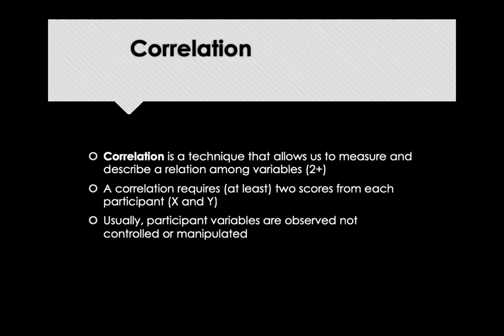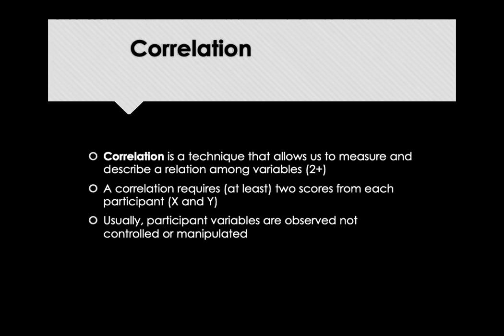Meaning, with a correlation, there is no manipulation done. We usually are just observing and measuring variables as they exist naturally in the environment. One example of participant variables could be grades and family income. I'm not going to attempt in a correlation study to manipulate grades or family income.